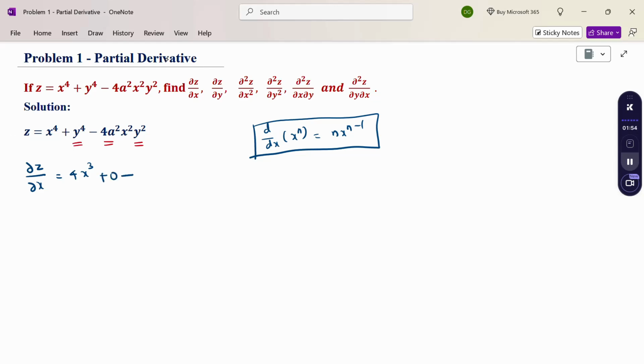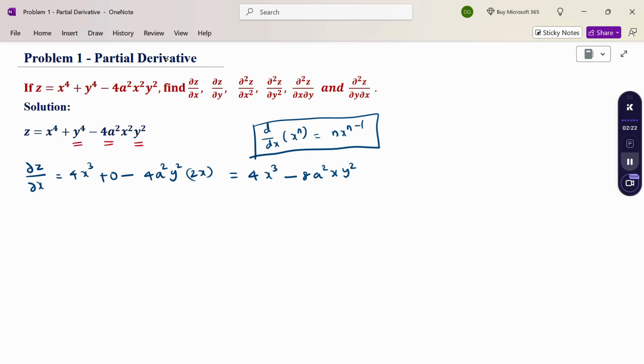When a constant is in a product or division, as usual you write the constant with no changes. Therefore here 4a²y² is constant. Now the partial derivative of x² with respect to x is 2x. Therefore the value is 4x³ − 8a²xy².